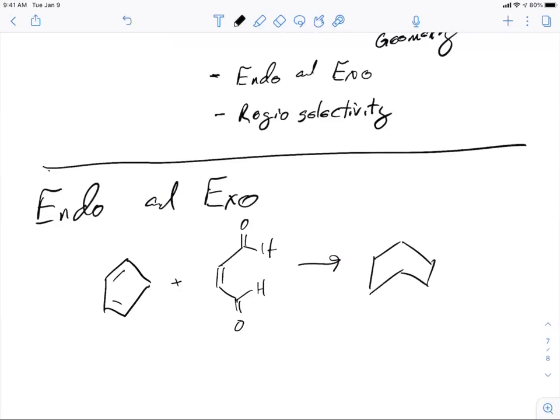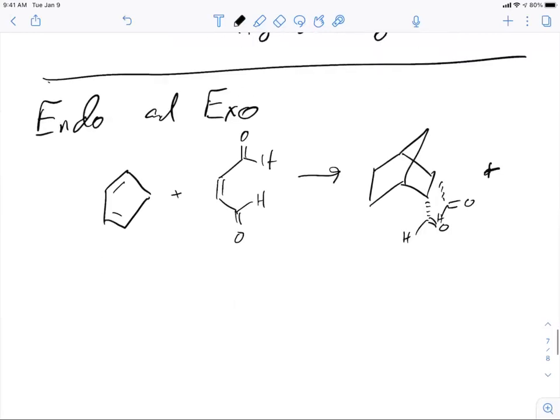It could make this product where the aldehydes are down, and it could potentially make, I should put the double bond there, this where the carbonyls are up. Right.